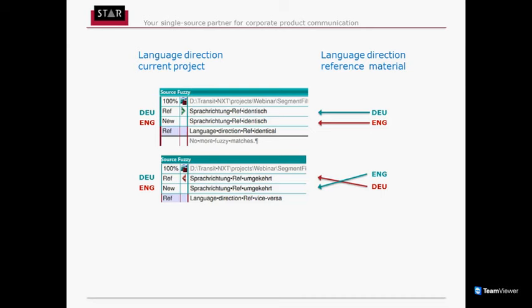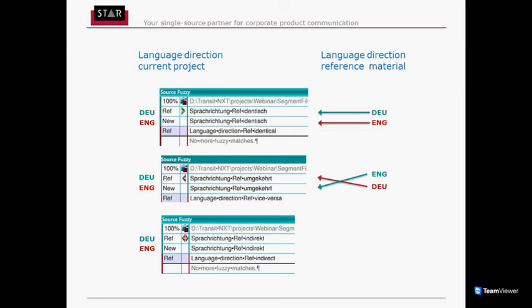This means the fuzzy match here comes from a file in my reference material which was a target language of a project. And according to this, we have English as source, so it's vice versa. We have introduced this little symbol in order to indicate this for you as a translator.